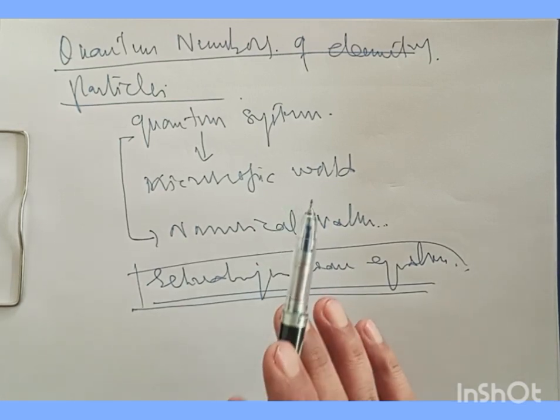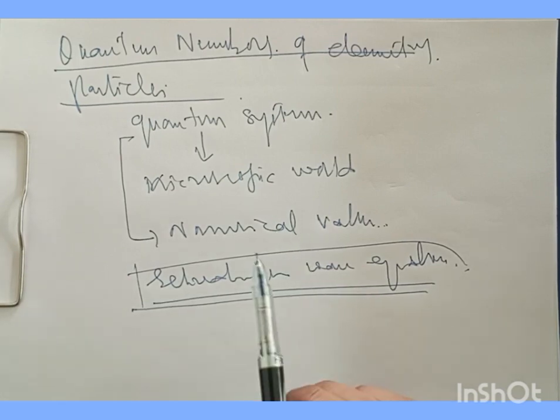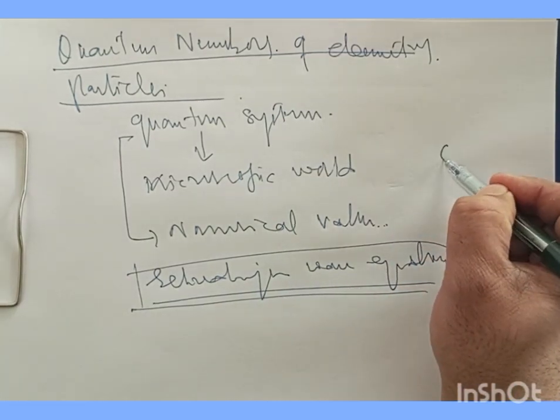So quantum numbers basically describe the energy levels of the electron in the hydrogen atom.